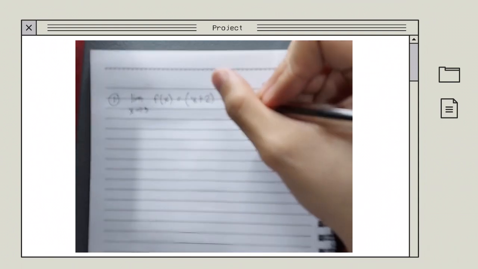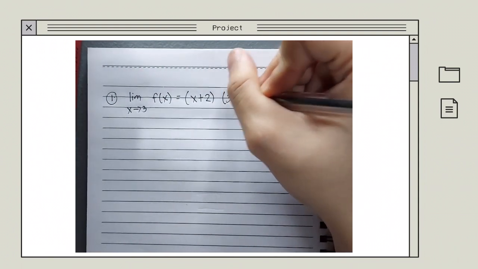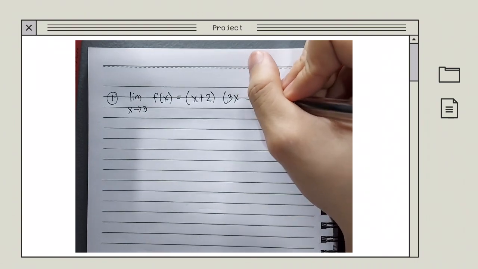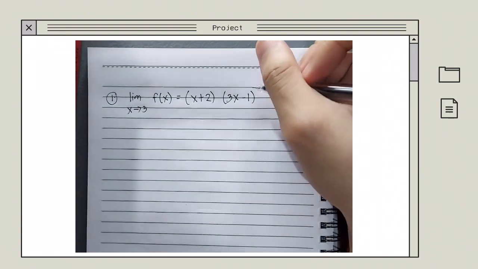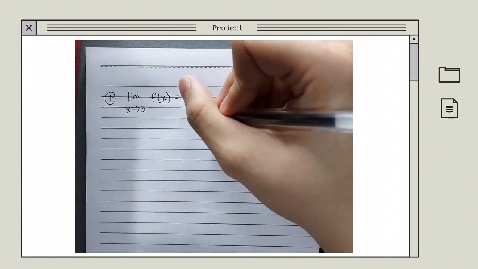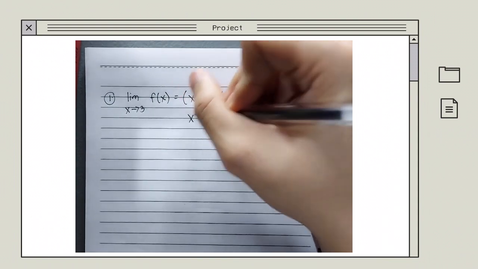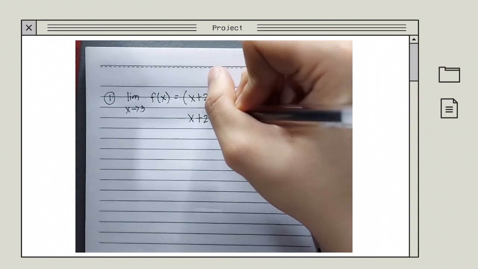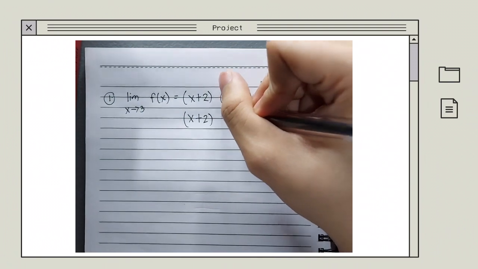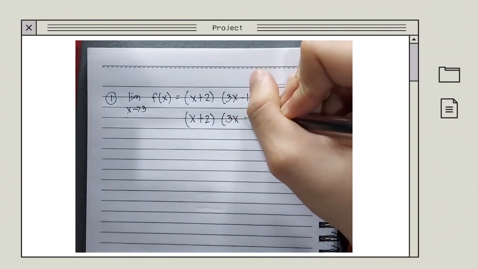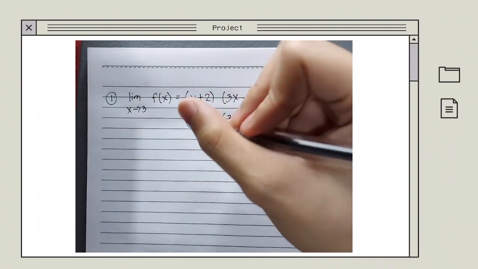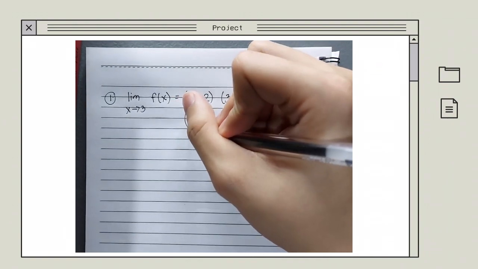For our first example, the limit of f of x as x approaches 3 is equal to (x plus 2) times (3x minus 1). So ang gagawin natin dito is isa-substitute lang natin yung value ng 3 sa mga x na nasa equation. So magiging 3 plus 2 times 3 times 3 minus 1. Then, ipag-add lang natin yung 3 plus 2, tapos ipag-multiply lang natin yung 3 times 3.